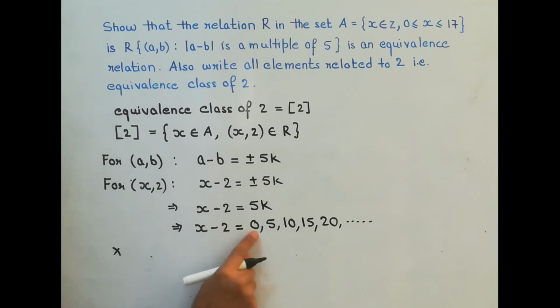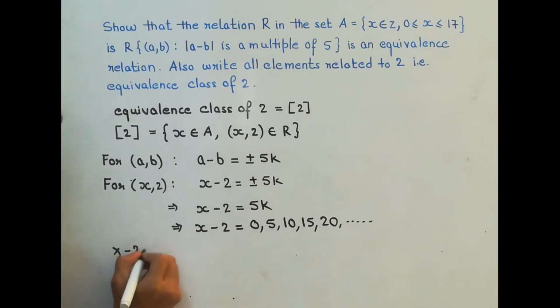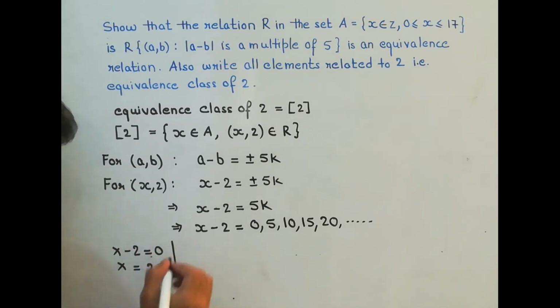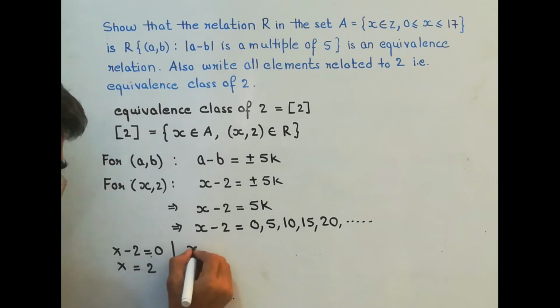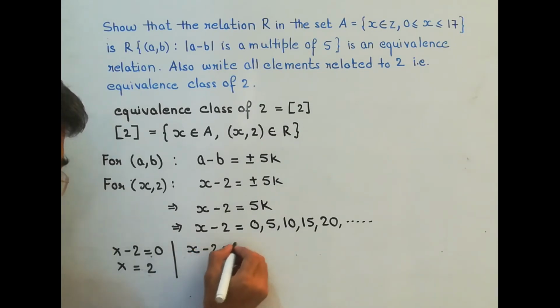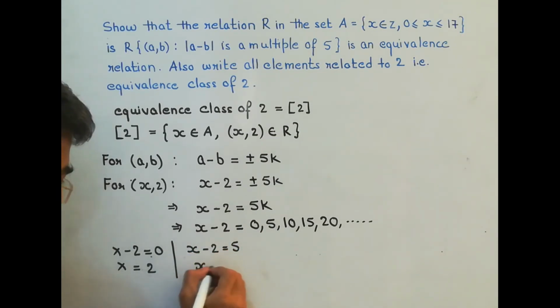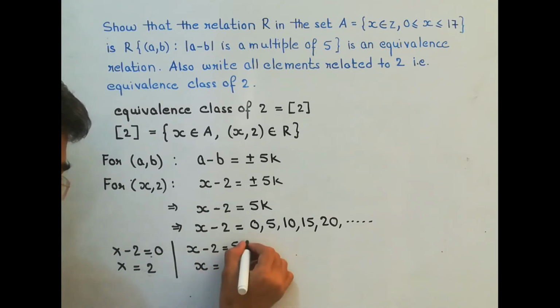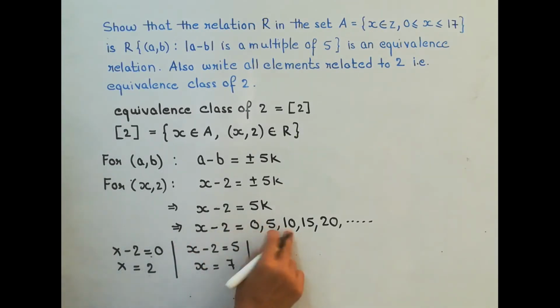First of all, x minus 2 is equal to 0. The next one, x minus 2 is equal to 10.